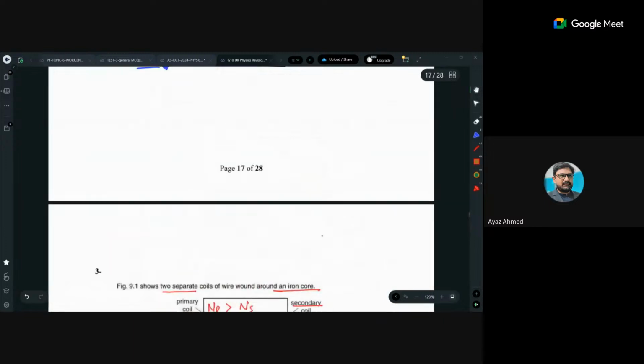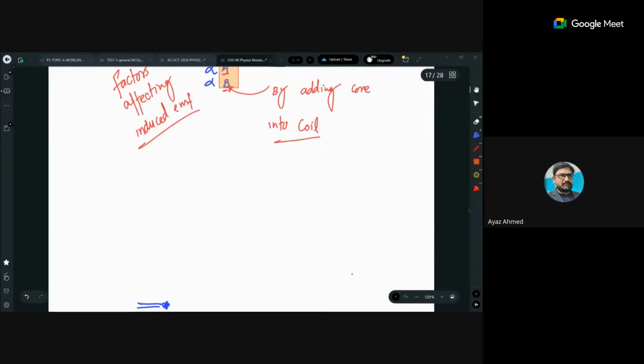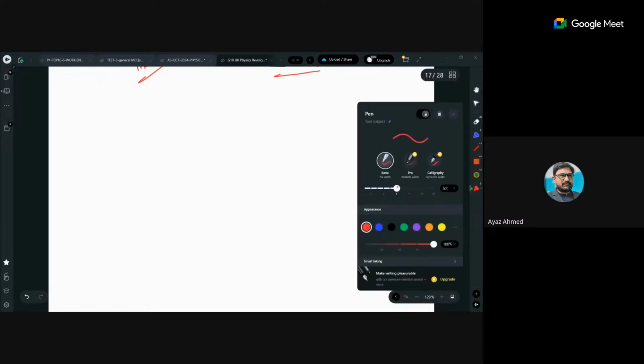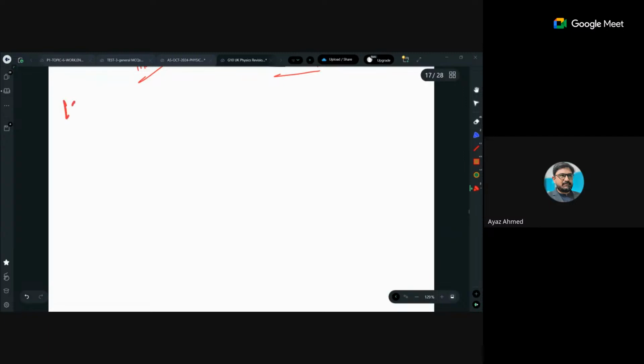So I need some space. I'm going to write its answer here, under the heading working principle of transformer.